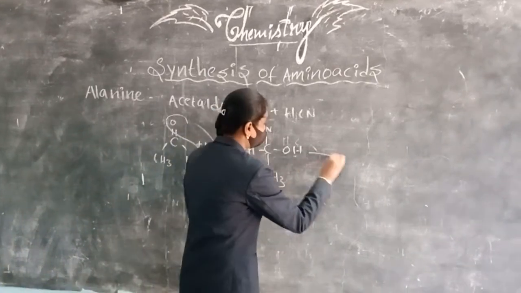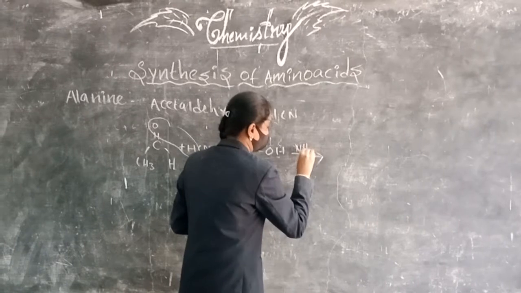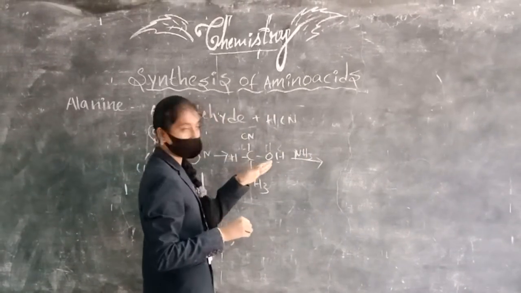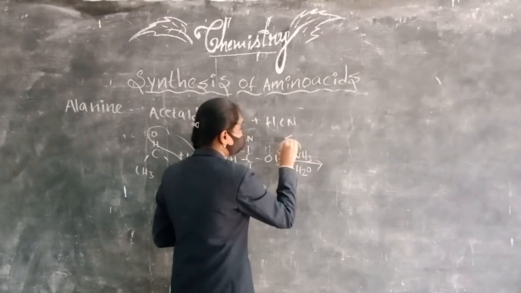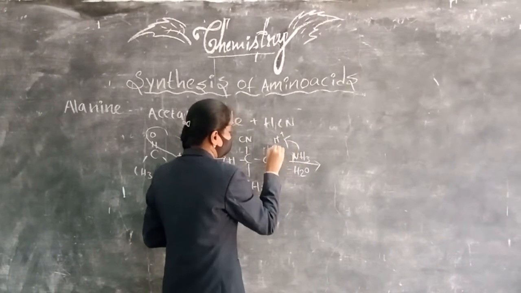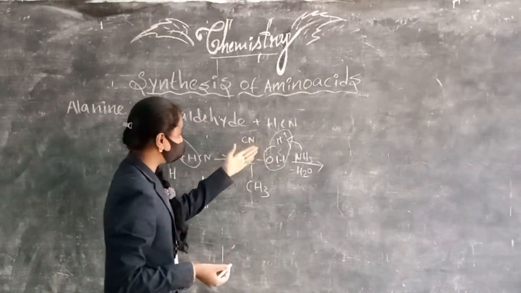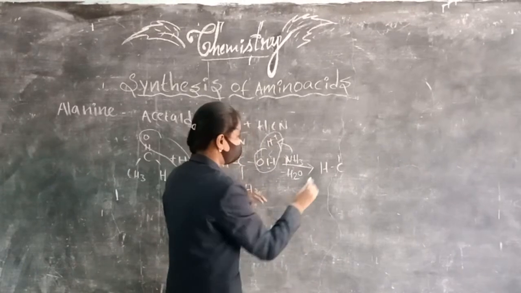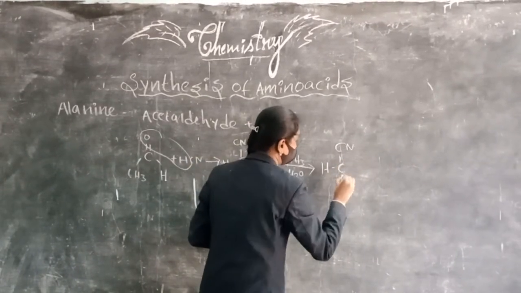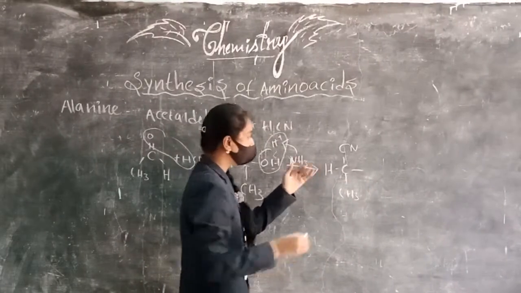Again, here it is reacted with ammonia. At the same time, one water molecule is removed from here. From the NH3, one hydrogen and these two are removed. It forms one water molecule, so we get HC, CN, CH3. Here, instead of NH3 we get NH2.